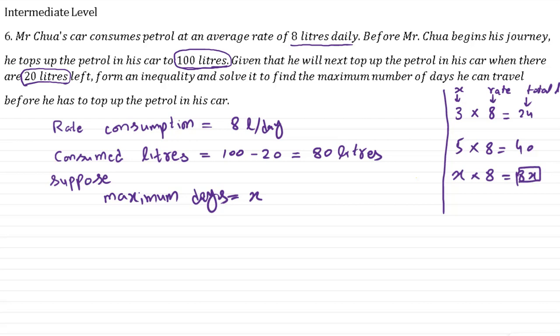So 8x must be less than or equal to 80, because he has to consume 80 liters. So the maximum number of liters will be 80 or less than 80.